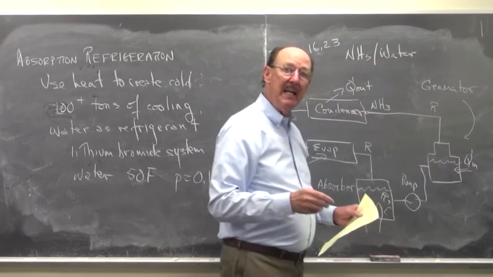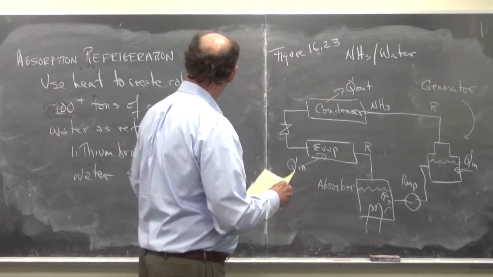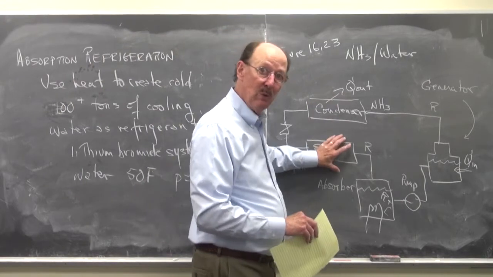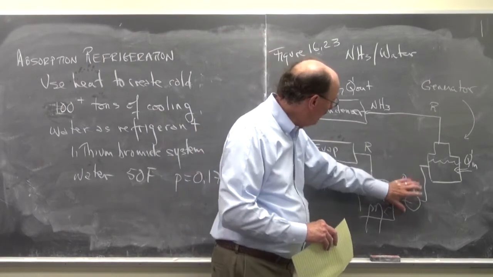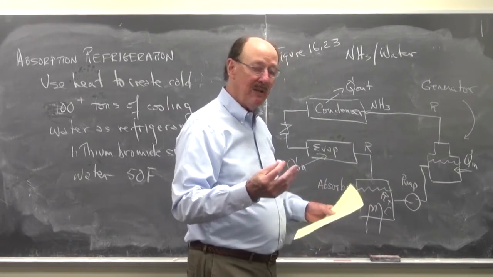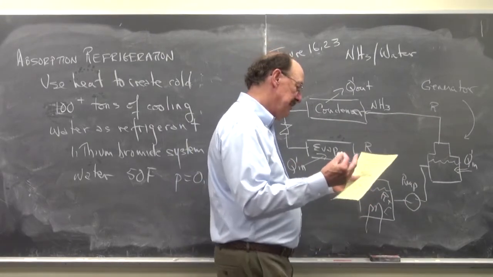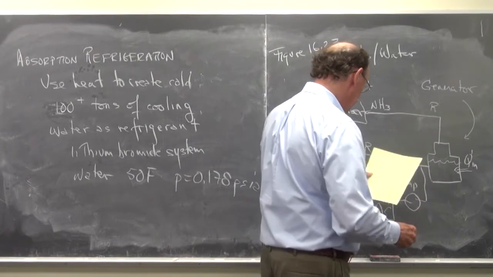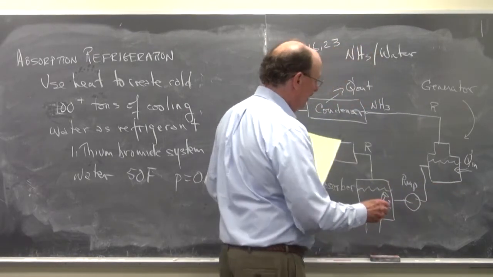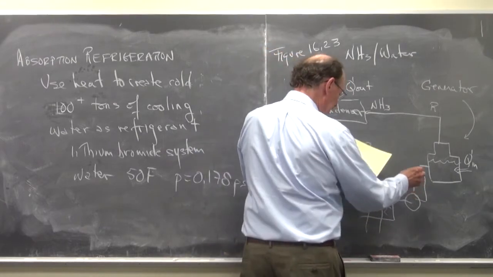So I'm putting heat in, so this is the heat in to create the cold. And the pump is creating a pressure differential, so rather than a compressor, I'm using a pump which uses much, much less energy.